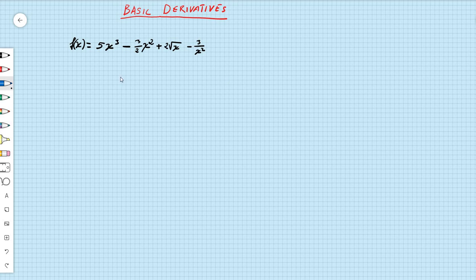So when you have a function like this and they're asking you to get a derivative, the faster way to do this is to use the derivative formula. There is a definition of the derivative that you can use with limits, but that requires more steps.